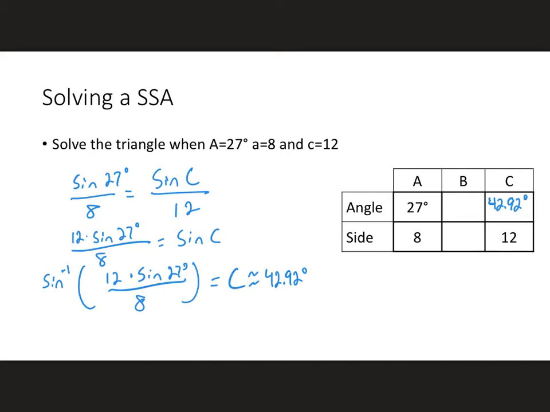And I know that's a rounded value, but I could still get a pretty close rounded value for angle B. I just need to say that 27 degrees plus the measure of angle B plus 42.92 degrees will equal 180 degrees. And solving for angle B, you get 110.08 degrees.